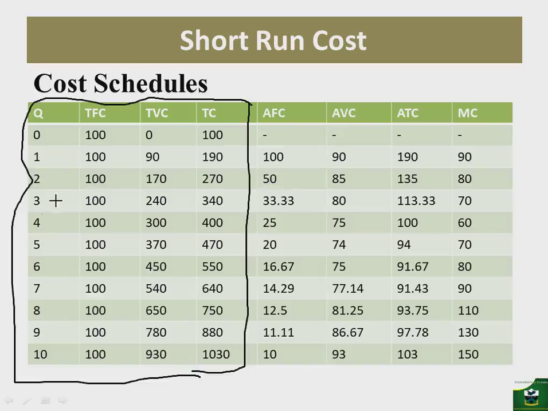If we have 3 units produced, we will have 33.33 as our average fixed cost. So I give you an exercise: try to calculate all these and come up with the associated average fixed costs.